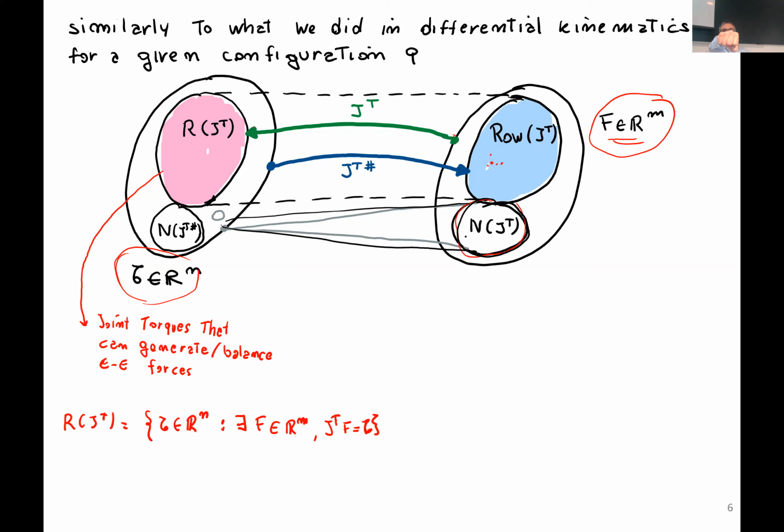I extend my hand, I push against the wall, and I don't do any effort with my muscle because all the force that I generate is generated by my bones. My bones generate the force against the wall. I don't use the joint. If I go in this configuration, I need to push with my joints a bit. And if I go in this configuration, I need to push a lot. Okay. So these are the forces that are balanced by the structure.